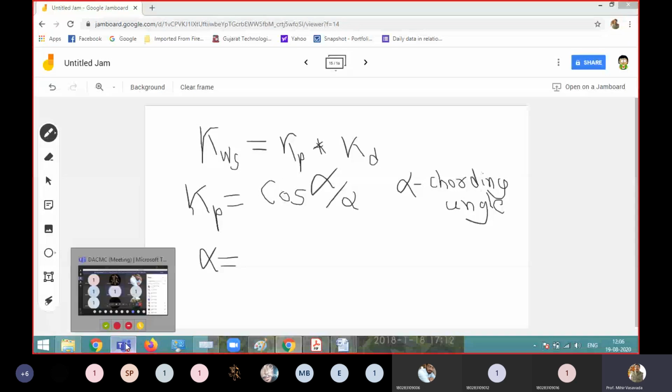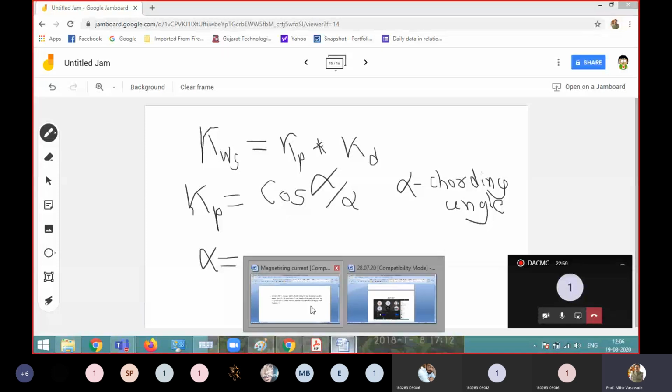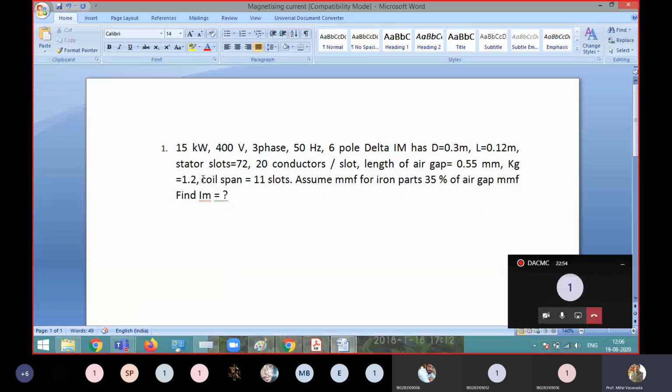And if you go to your data, I am shifting to the data screen. Only one line is given, and that line is this: coil span is 11 slots. This line will give you an idea about alpha, and you can calculate Kp.